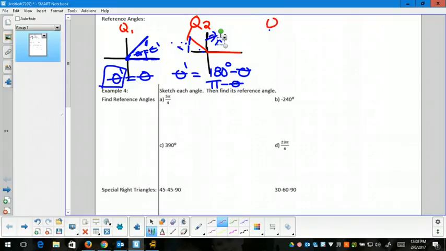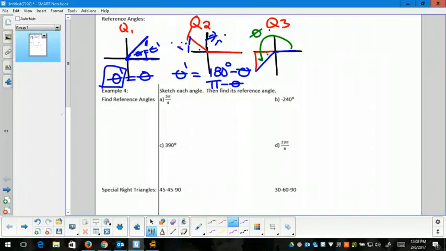For quadrant 3, our initial ray is again on the x-axis, our terminal ray over here. This time we drop a line up to make our right triangle. Well, theta goes all the way to here, but I don't want that.